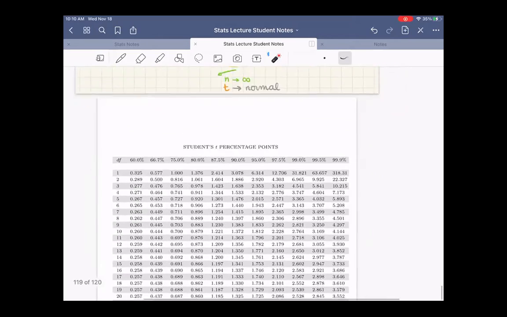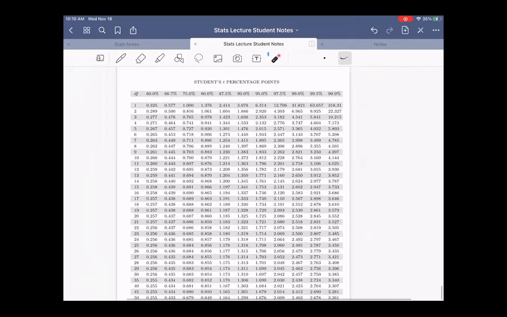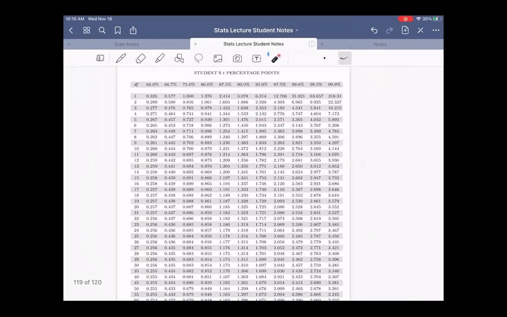So the first thing that we have is, here we have a student T percentage point. We're going to include a parameter here, a thing that is called degrees of freedom.